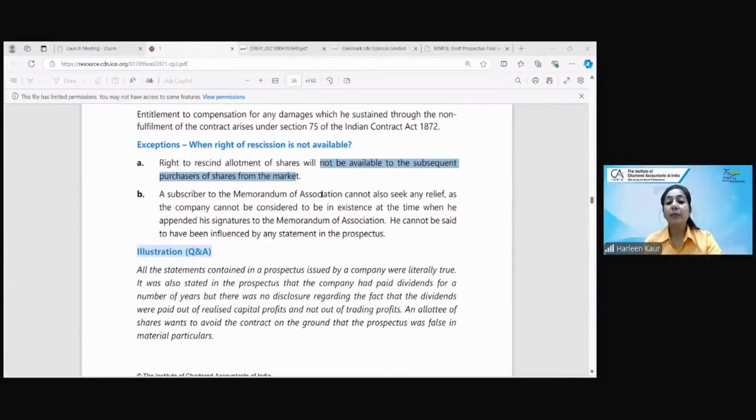A subscriber to the memorandum cannot seek any relief, as the company cannot be considered to be in existence when he appended his signatures to the MOA. So if you are buying the shares on the basis of MOA, it cannot be said to have been influenced by any statement. Again, you don't have any right to rescind on the basis of the memorandum of association.